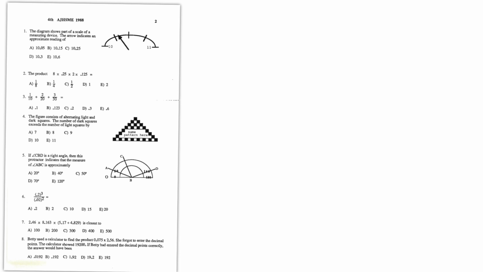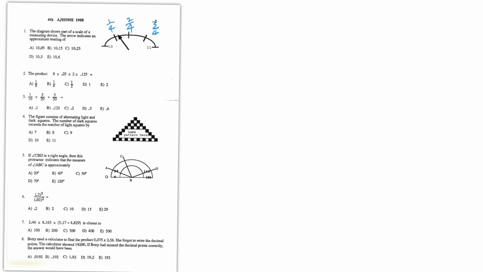Number 1. The diagram shows part of the scale of a measuring device. The arrow indicates an approximate reading from 10 to 11, divided into 4 parts. So that's 1/4, 2/4, 3/4, and 11.